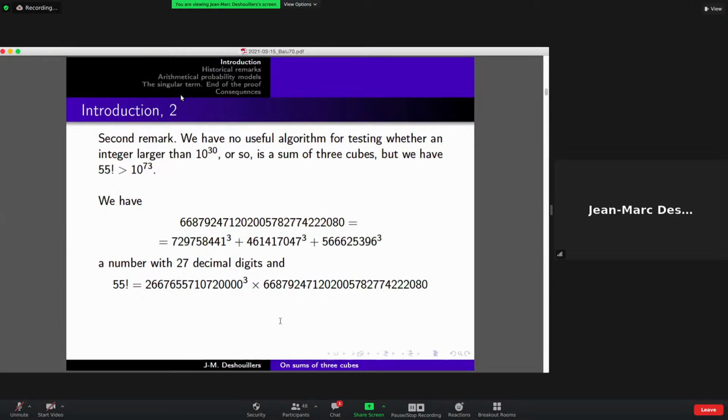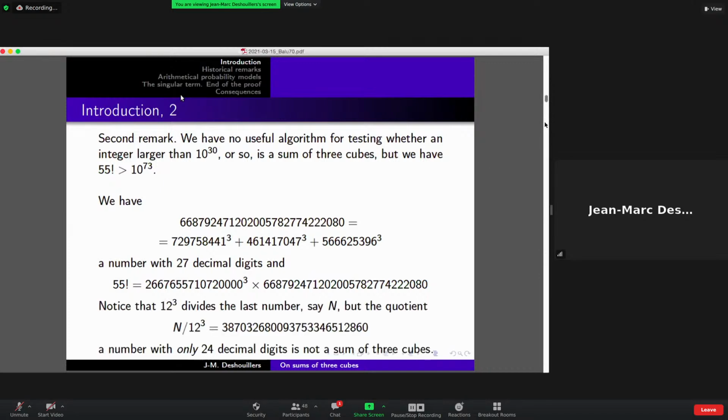And of course, with 55 factorial, you always have a large cubic part. You may say, oh, but is this the cube-free part of 55? No, it's not the case.